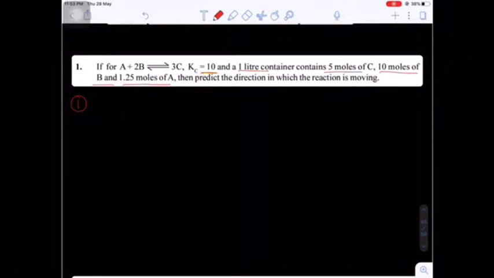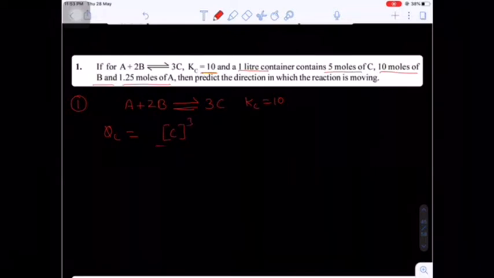First of all, write the equation A plus 2B equilibrium 3C. What is the Kc value given to you? 10. Now write the Qc expression just like the Kc expression, concentration of C to the power 3 whole divided by concentration of A multiplied by concentration of B to the power 2.